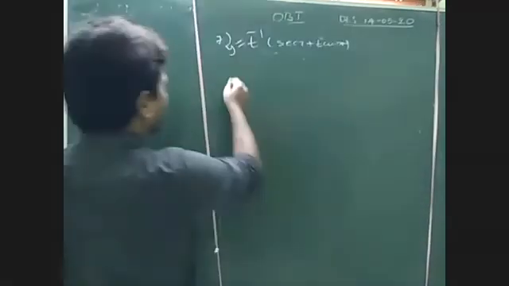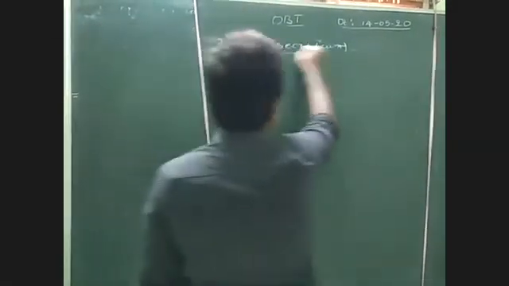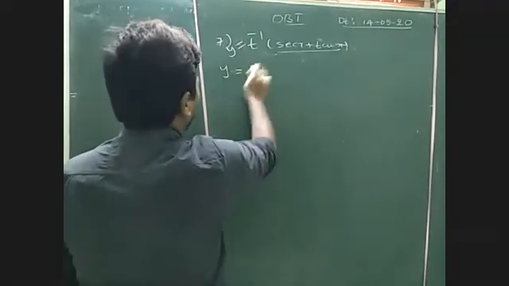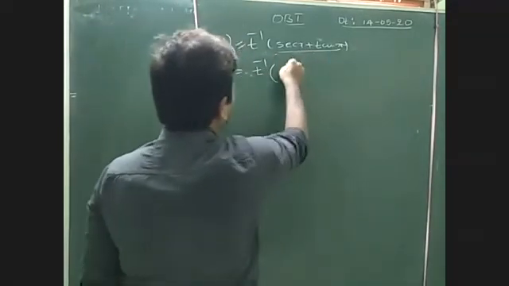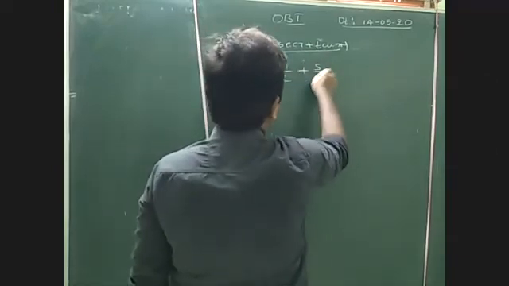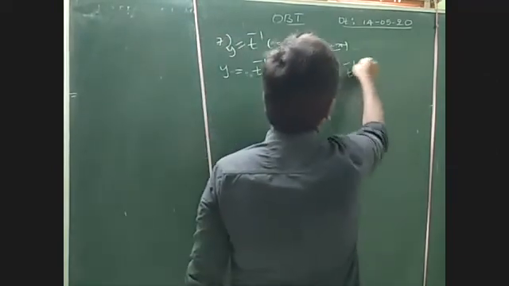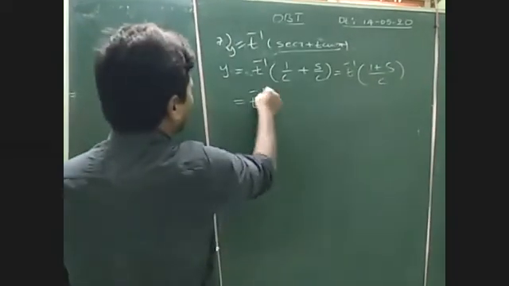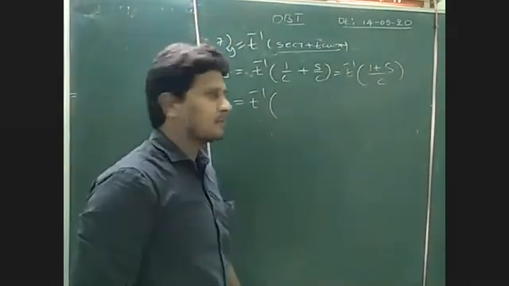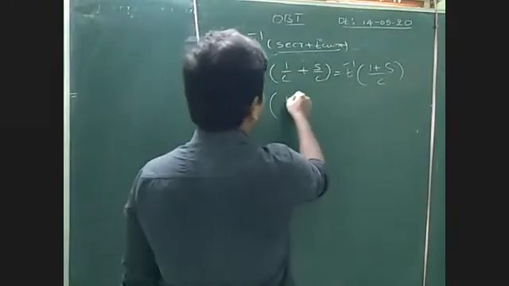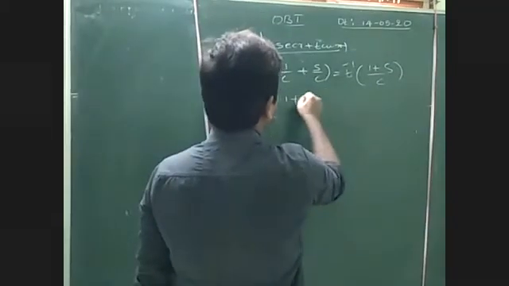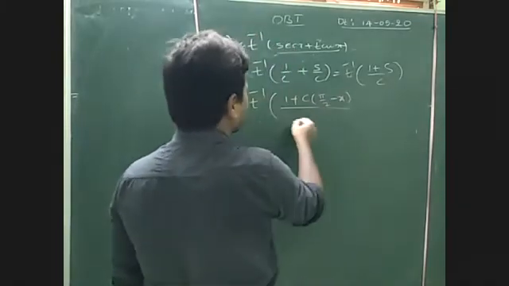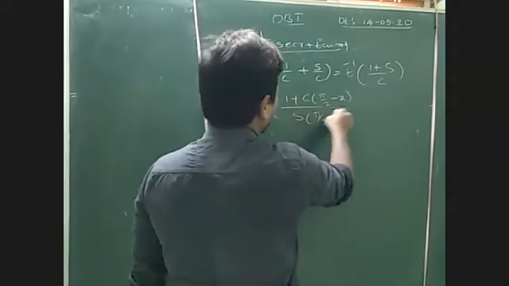Try this question. Before that you can simplify: y equals tan inverse of secant x plus tan x, which can be written as 1 by cos plus sin by cos. So tan inverse of (1 plus sin) by cos. There is no formula for 1 plus sin, so you can change it like 1 plus cos of 90 minus x by sin of 90 minus x.